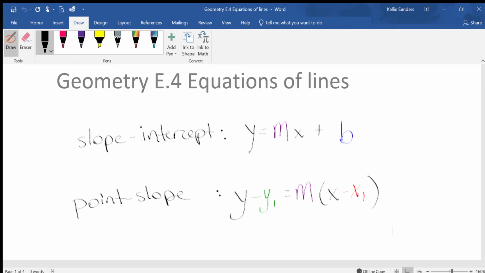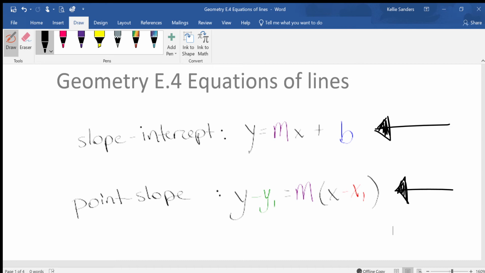E4 Equations of lines. Now on this one, we've been working with y equals mx plus b, but in a little bit, we are going to be introduced to this form of an equation of a line.